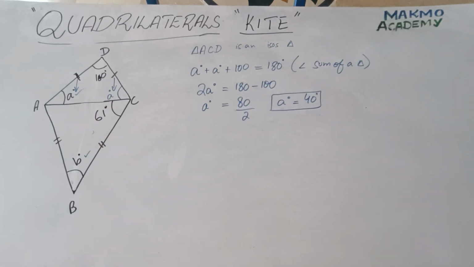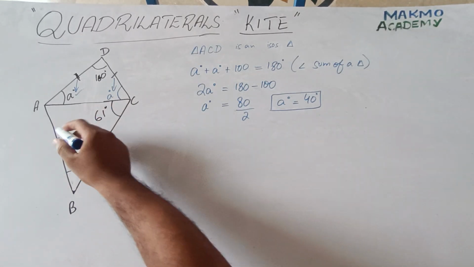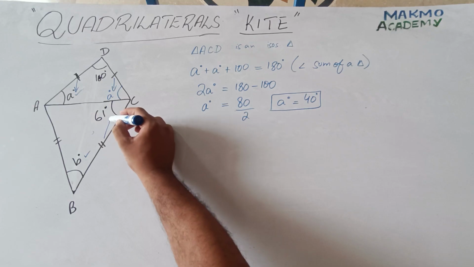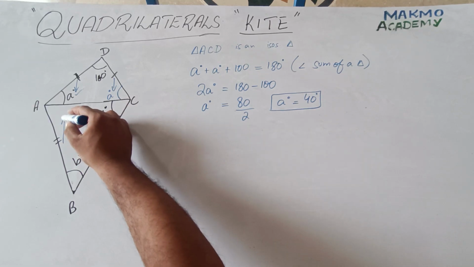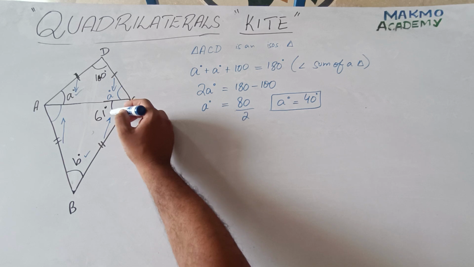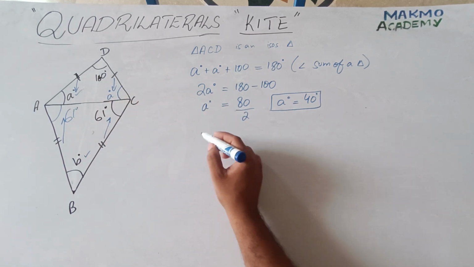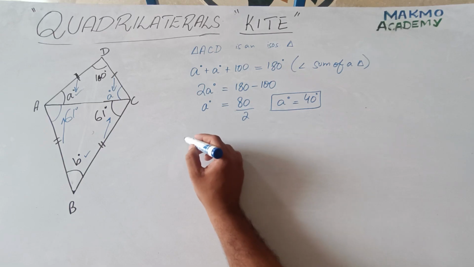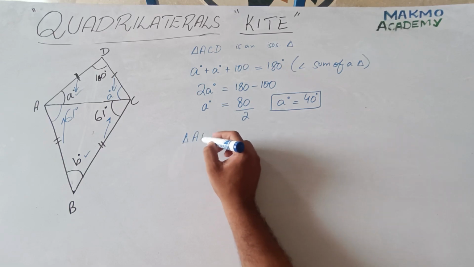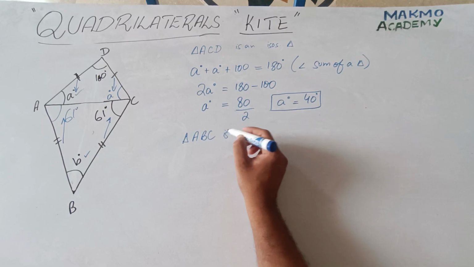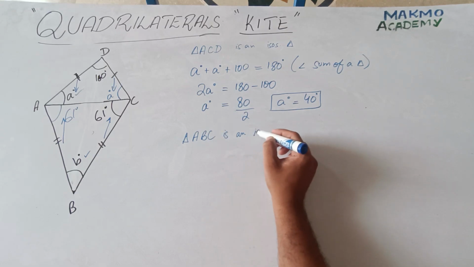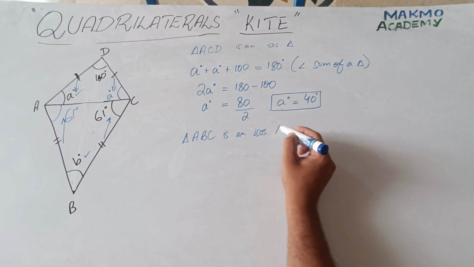Now similarly, this is another isosceles triangle. So these two angles are base angles and they are equal to each other. If this angle is equal to 61, this would also be equal to 61. Again we will say triangle ABC is an isosceles triangle.